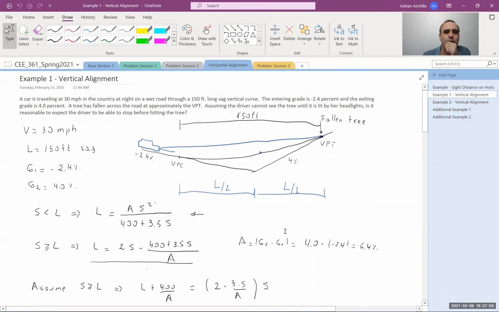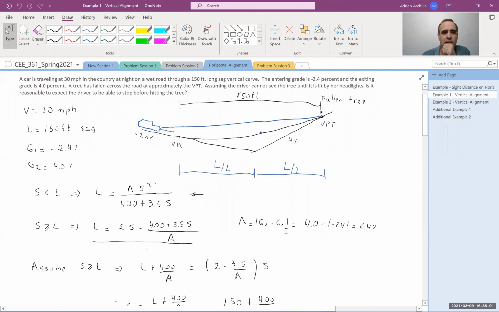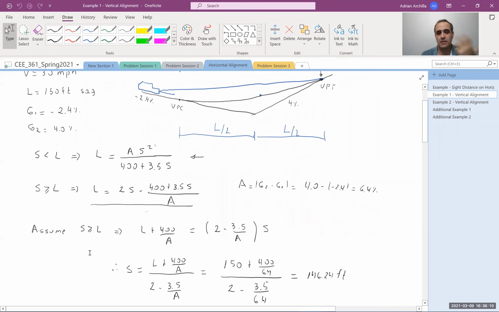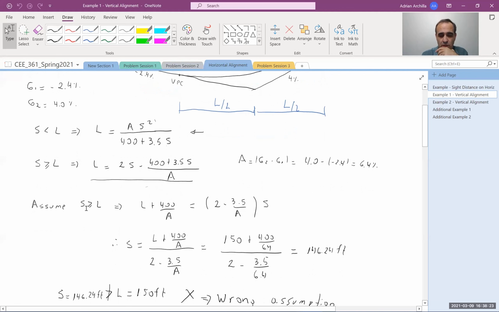Okay. So we started with this last week. Essentially what we said initially is we need to figure out which equation we have to use. And I mentioned the other day that I like to start with this one because there's a real linear relationship between L and S. That doesn't mean this would be the right equation, but that's what I did the other day.